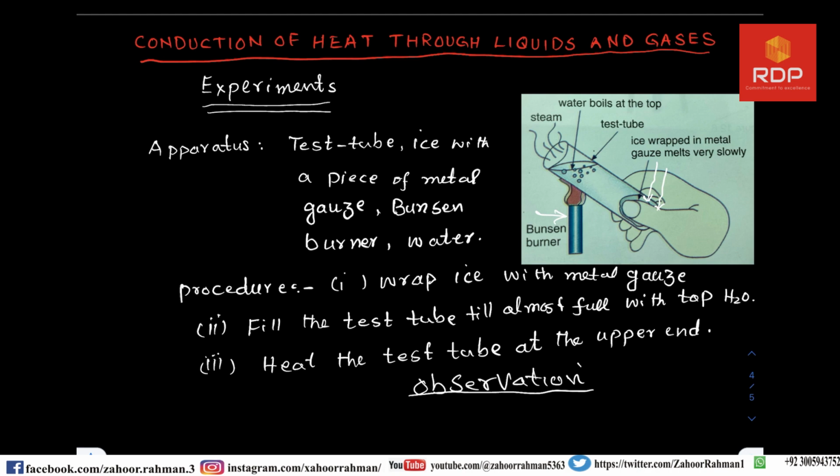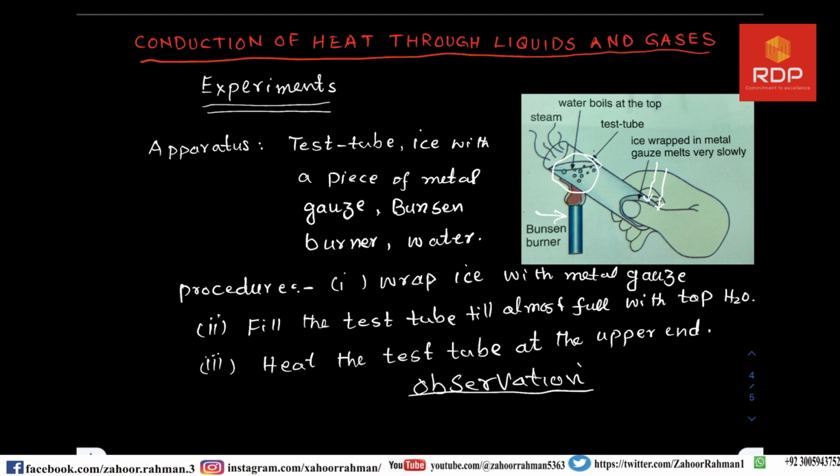Let us discuss the observation. The water at the upper end of the test tube will soon bubble and boil, as you can see in this area, while the fingers holding the bottom of the test tube are still quite comfortable.